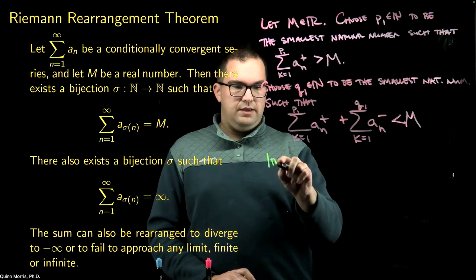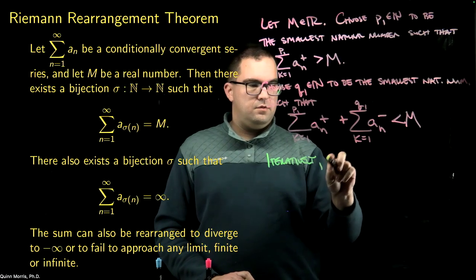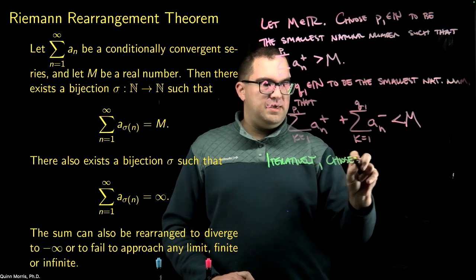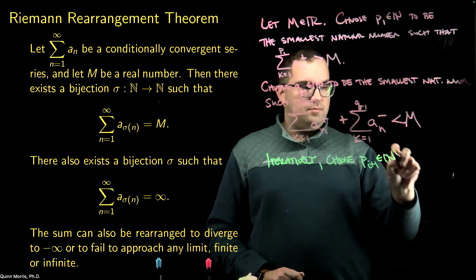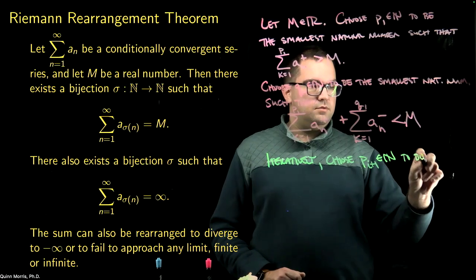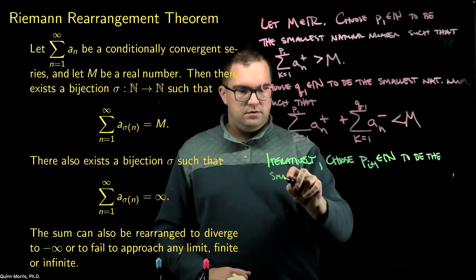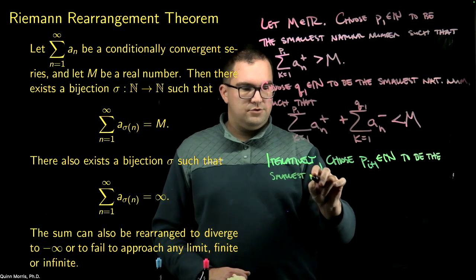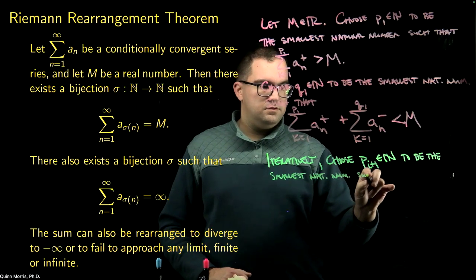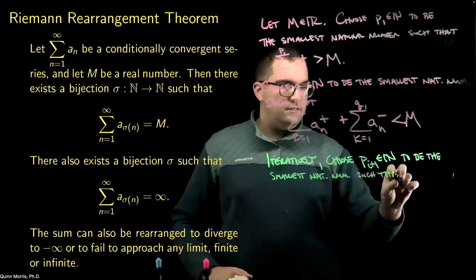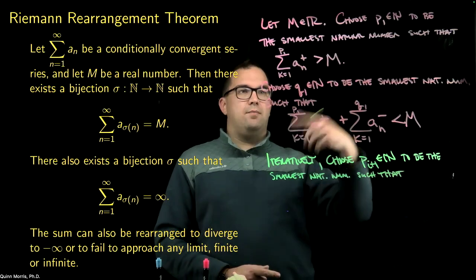So now iteratively choose p sub i plus 1 to be the smallest natural number such that, now I want p sub i to be the one that takes me back above m.